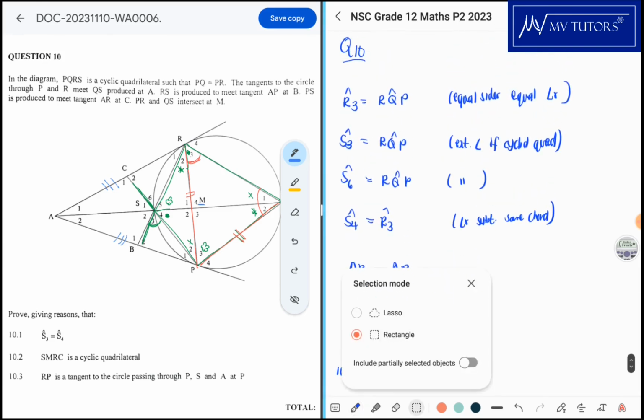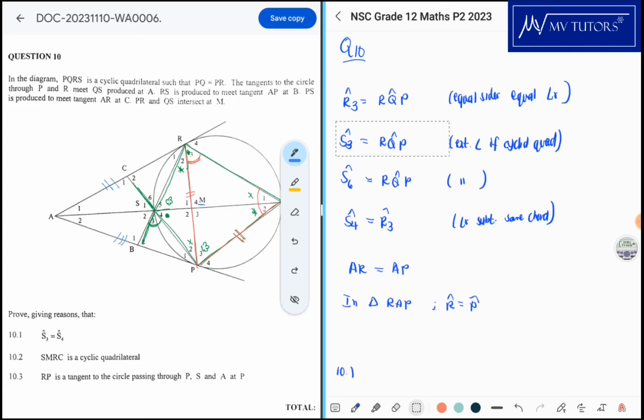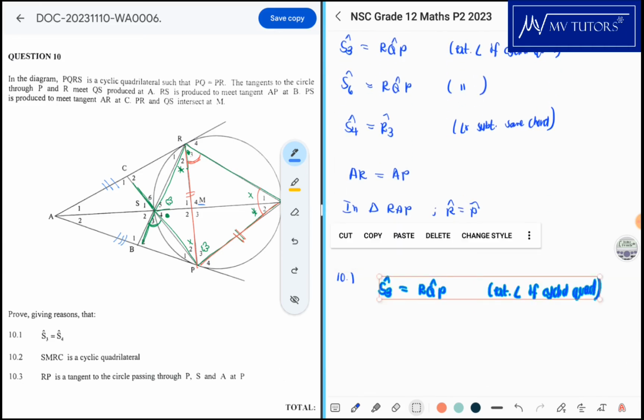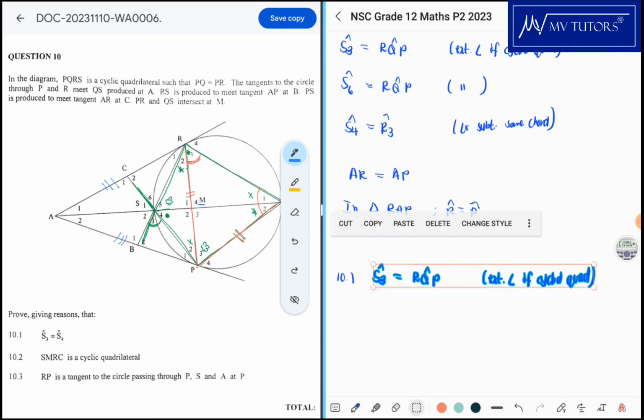I can do this now, but you would have to rewrite it. So I'm going to say copy and paste. All right, and we have our reason. And what else? If S3 is equal to that external angle of a cyclic quad, then I can say RQP.